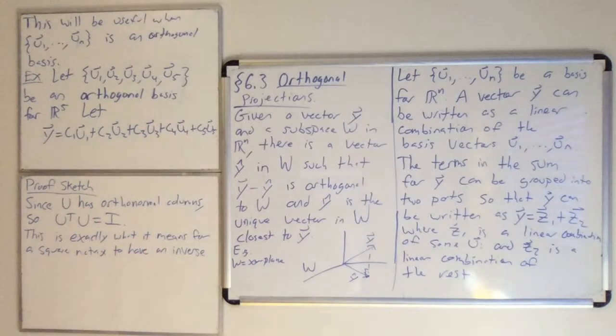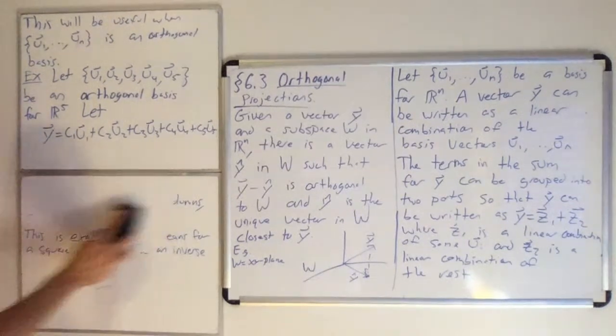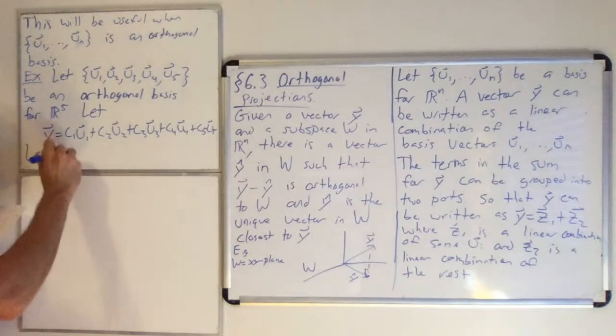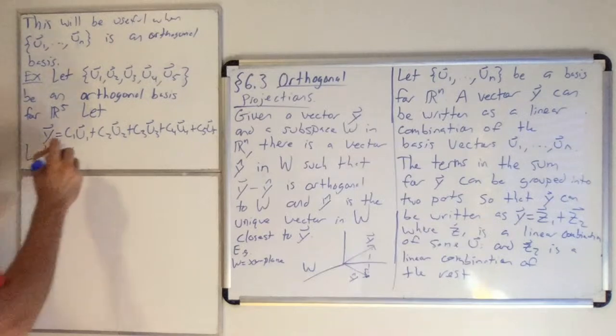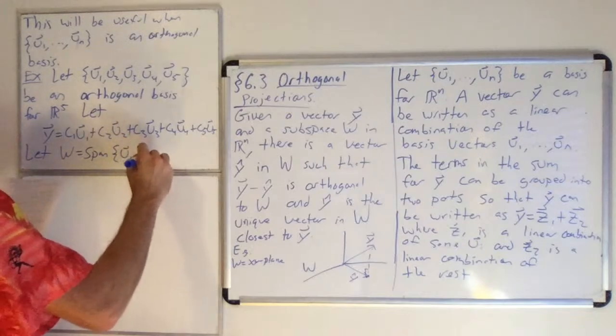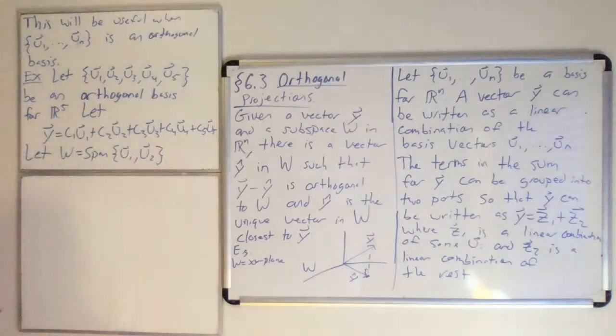Okay, and we'll write some vector as a linear combination of the basis vectors. So we'll let y equal c1u1 plus c2u2 plus c3u3 plus c4u4 plus c5u5. We'll let W be the span of u1 and u2.